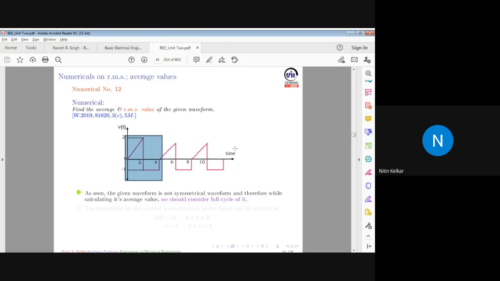Okay, anyone getting another answer? One answer that I got is 8 ampere or 8 volt. Actually, it is not ampere now, it is a waveform for a voltage. So one answer that I got is 8. Anyone else getting another answer?